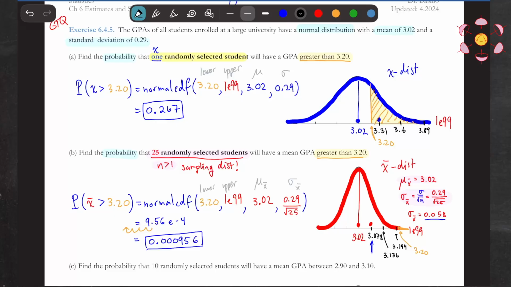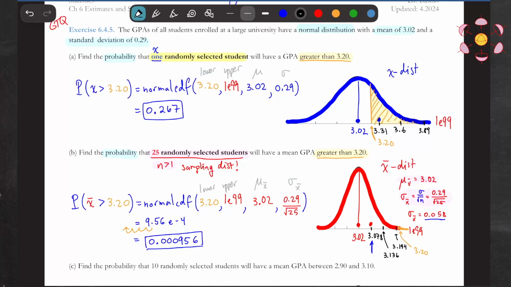So if you're saying a single student's GPA is greater than 3.2, that's actually not super uncommon, right? 26.7% of the students have those GPAs. But to assume that in an entire group of 25, the average of all of those is above a 3.2, that's way harder, right? Because you're going to have a lot of variation in those 25 students.